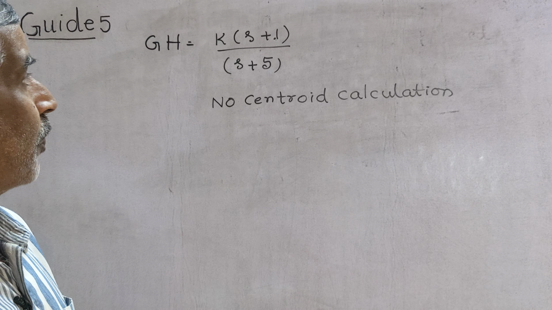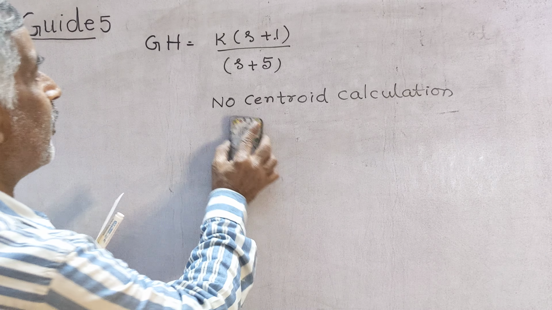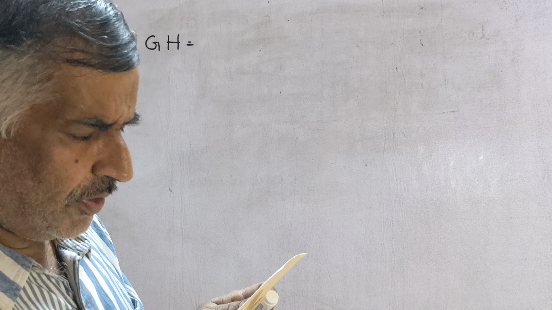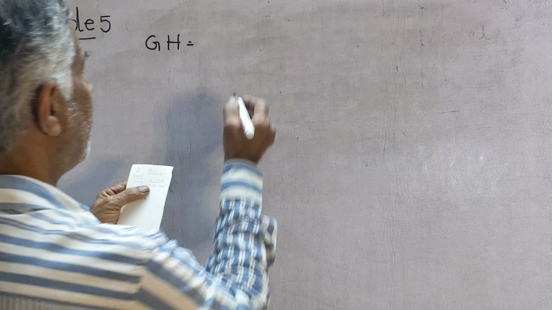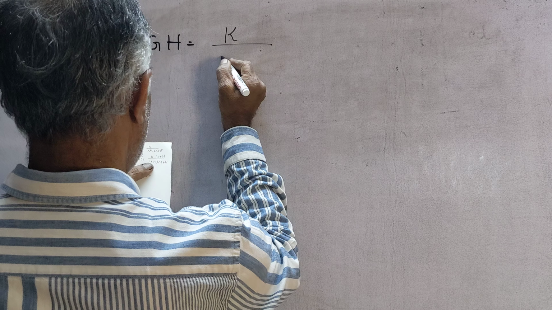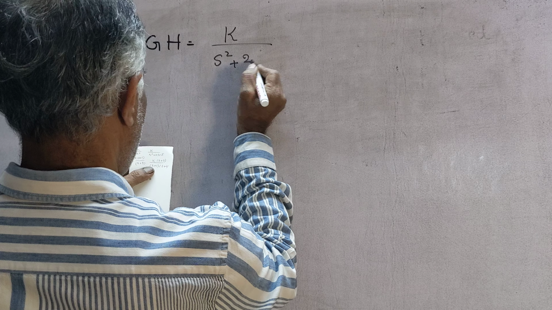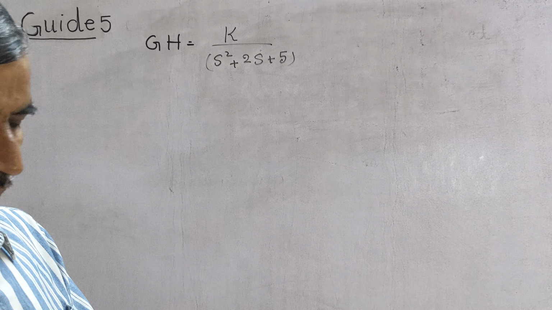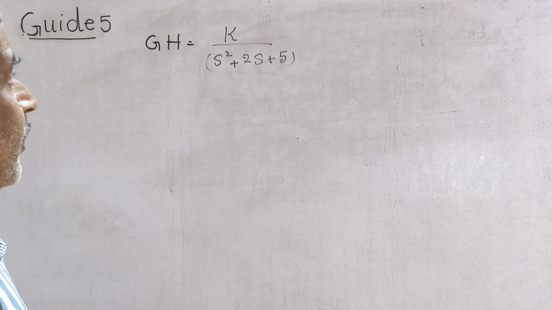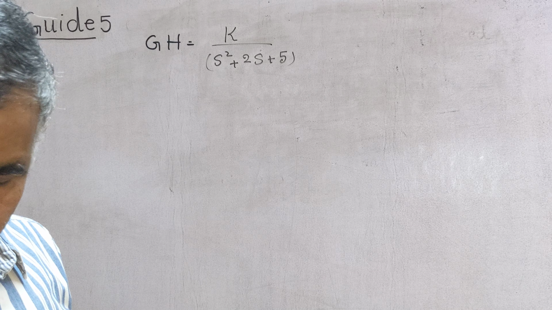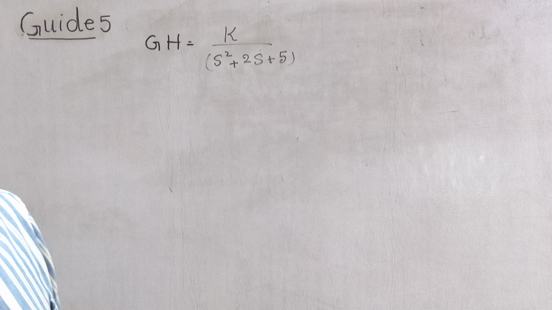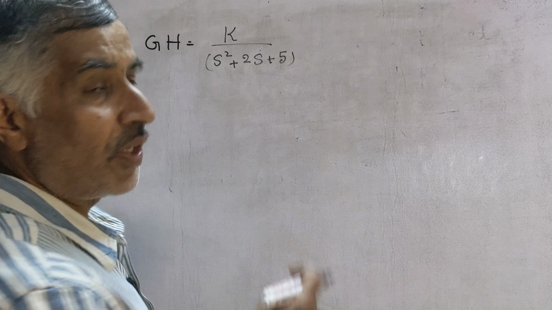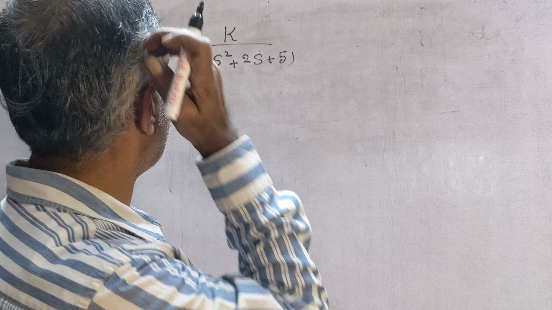Now I will take the next problem. The next problem is G(s)H(s) equals K divided by S square plus 2S plus 5. So first let us find the poles.